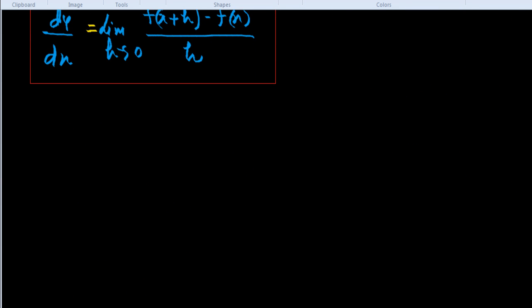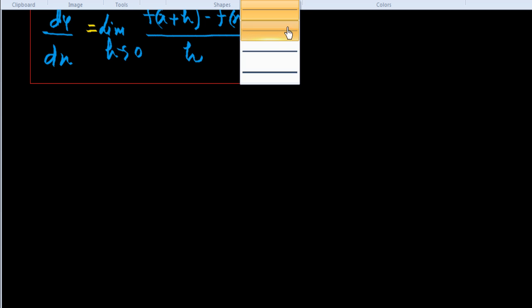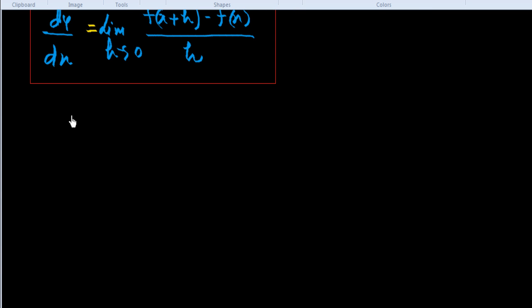Here I put one question for this. We have y is equal to x power n. Now we have to find dy over dx. So y is also f of x, we could say. So f of x plus h is equal to x plus h power n.